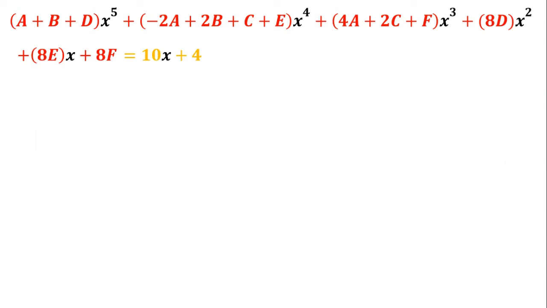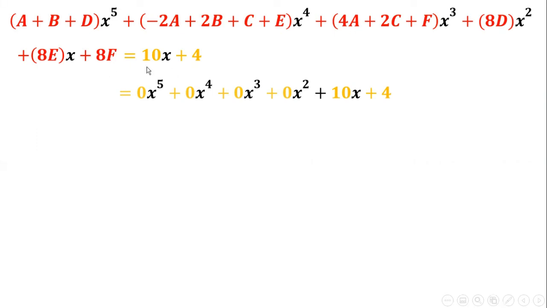So here the right hand side can be written as 0 times x power 5 plus 0 times x power 4 plus 0 times x power 3 plus 0 times x power 2 plus 10x plus 4.